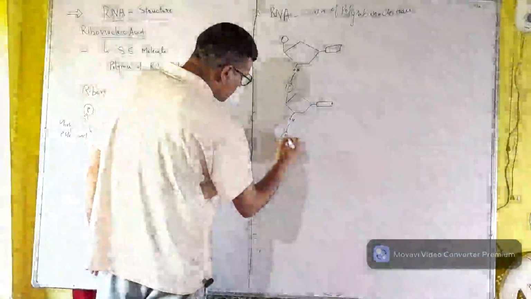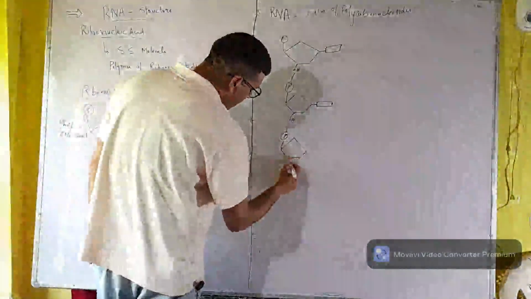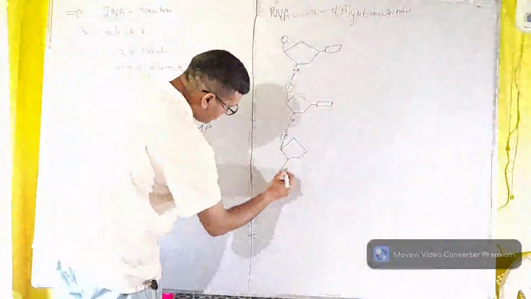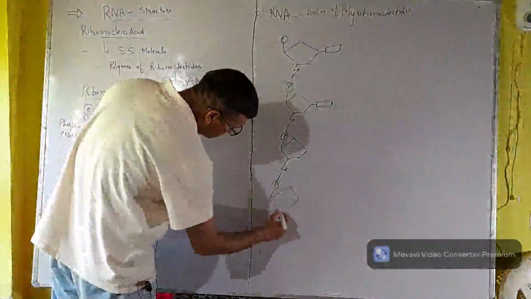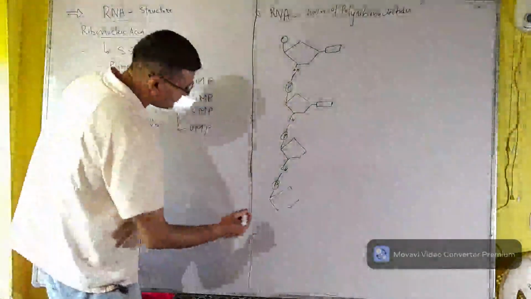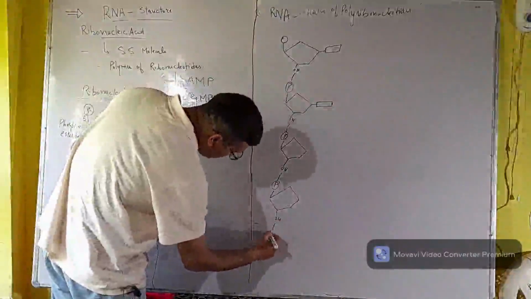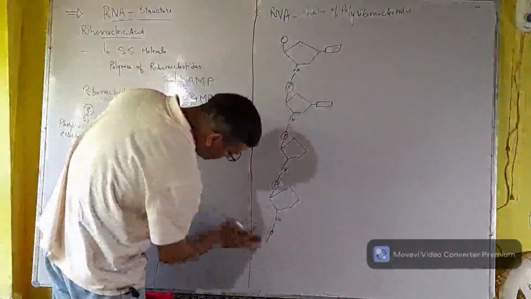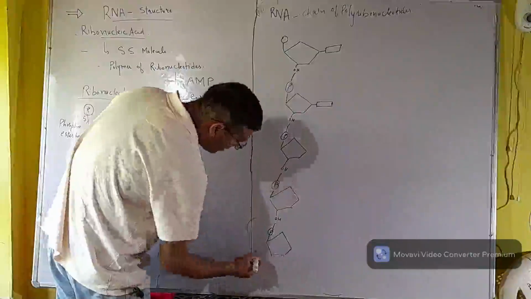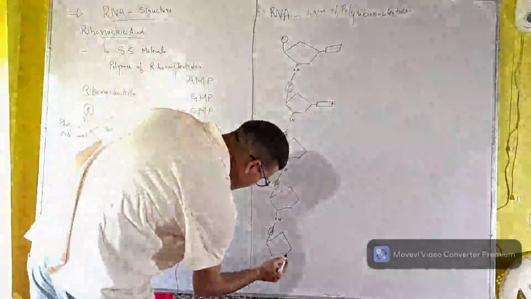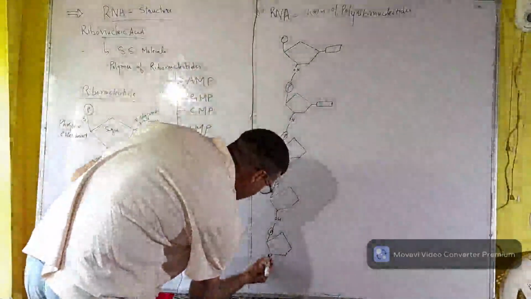So it is connected to the phosphate. Then this is another ribonucleotide, and another, and another. So we can say that this is the hydroxyl group at carbon 3rd.